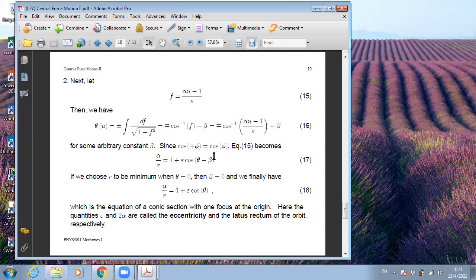And fixing the constants, we obtain the equation of the conic section. So this is the equation of conic section.